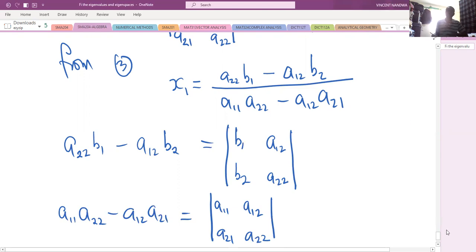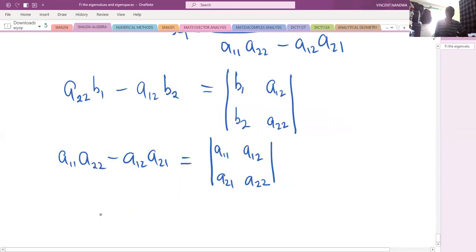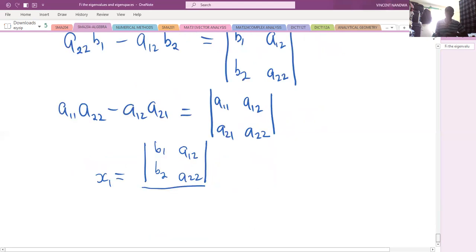So therefore, it tells you that x1 is simply the determinant of b1, b2, a12, a22 over determinant of a11, a12, a21, a22. You can say this one is given by A1 over determinant of A.